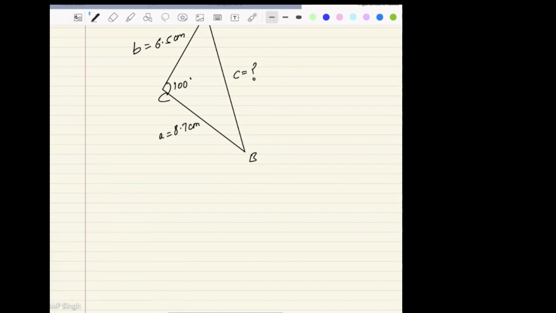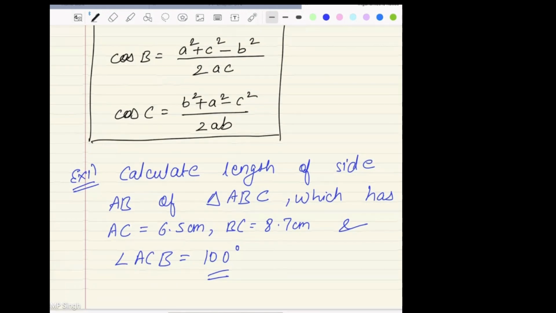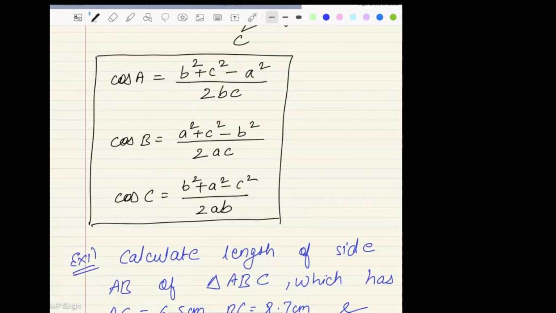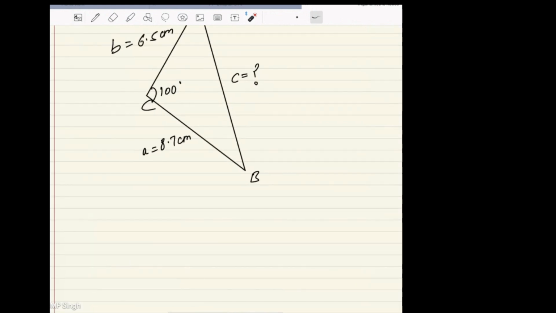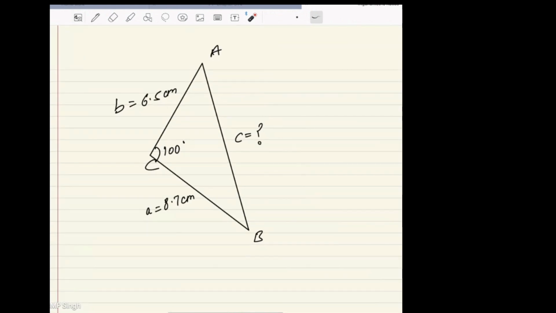And which cosine rule will you apply out of cos A, cos B, cos C? What do you think? Let me show you the question. This is my figure. So which cosine rule should we apply?